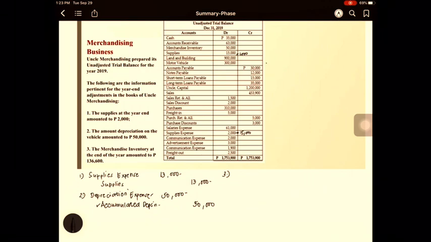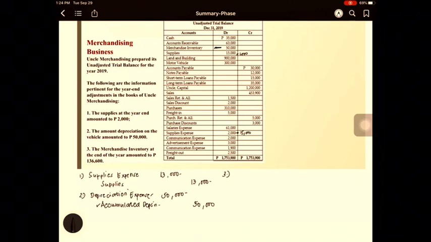The value of your merchandise inventory beginning shall be lifted from the unadjusted trial balance. Therefore, this 50,000 pesos that you see here is the value of the merchandise inventory beginning. So we compute for the cost of goods sold so that we will be able to make the adjustment here now.